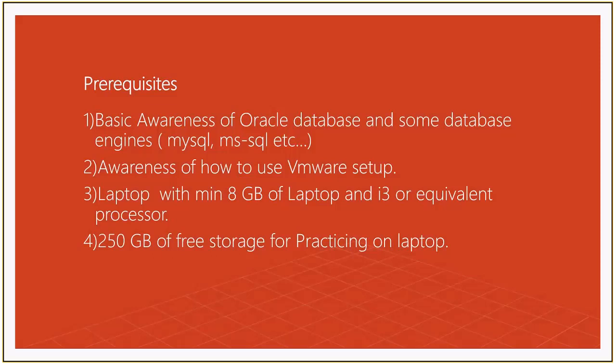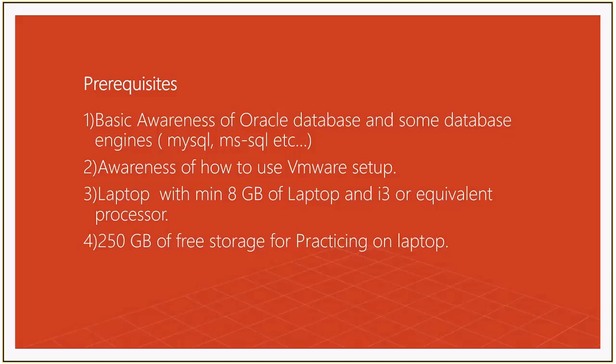Before we continue with this video tutorial, which is just a kind of introduction, if you want to have hands-on practice, below are the prerequisites. As you can see on the screen, you should have a basic awareness of the Oracle database engine, and if you know other database engines like MySQL or MS SQL, which are supported in heterogeneous replication in Oracle GoldenGate, this will be helpful.